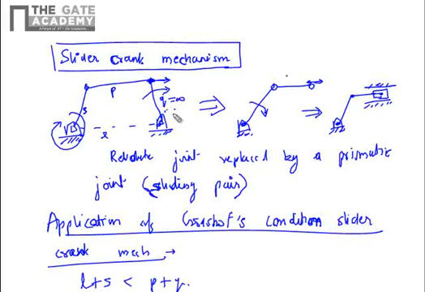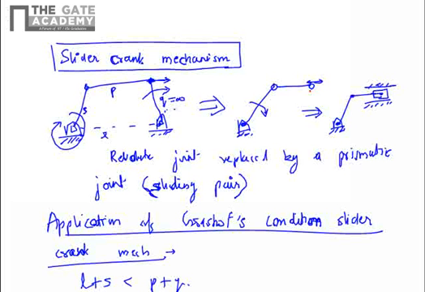Because of the infinite length, R being infinity, you get almost horizontal motion of this link, and by the concept of equivalent linkage, the rotary link can be replaced by a prismatic or a sliding pair. So application of Grashof's condition to a slider crank mechanism would mean that we have to substitute Q equal to infinity in this condition.